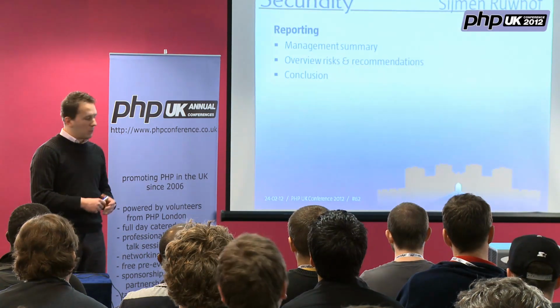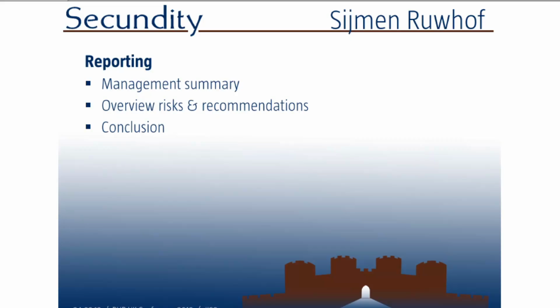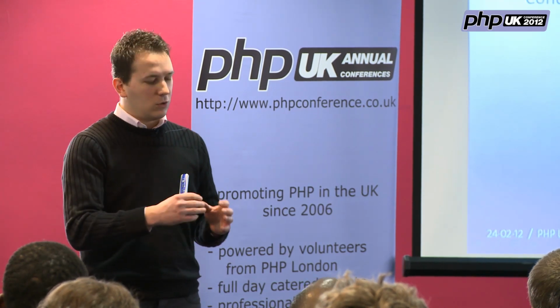So when you've done your findings and your analysis, and if you have a checklist and you've done all the tests on the checklist, you have to write a report about what you've tested, what you found in your application, what the risks are, and try to relate the vulnerability to business risks. So if you find an SQL injection, try to relate it to what it can cause to the business.